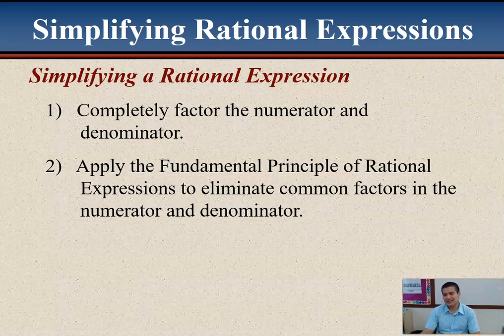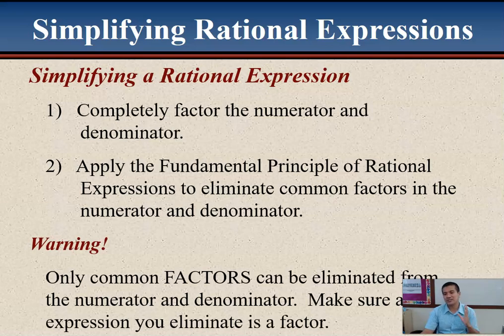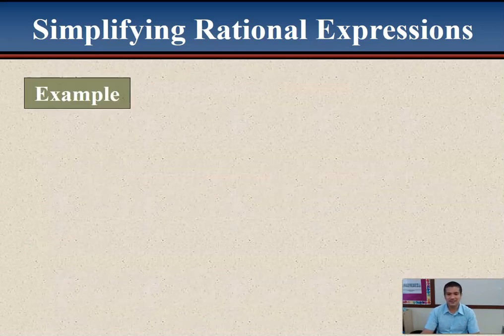After that, apply the principle so that you can eliminate the common factors, and then write it in lowest terms. Only common factors can be eliminated from the numerator and denominator, so make sure any expression you eliminate is a factor. Always double check your answer so that there are no mistakes in the signs and the common factors.